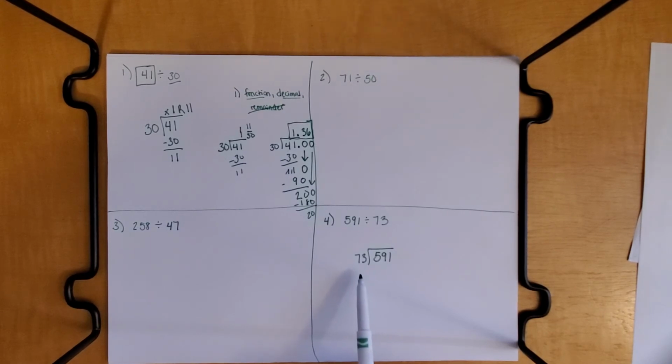I don't really know how to count by 73s. I mean, I could sit here and work it out, but that's not super helpful to me. But if I use my rounding skills and think of this as kind of 70 and this is about 600, I could count by 70s pretty fast and know when I'm getting close to 600, because it'd be 70, 140, and so on, until I get to a value that's close to 600.